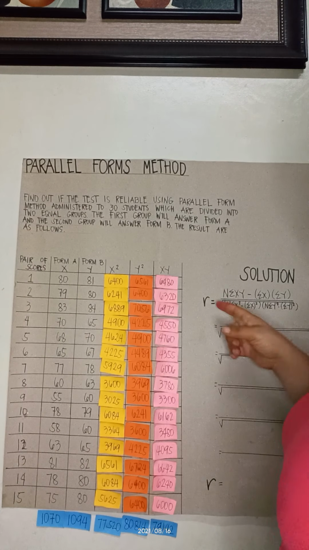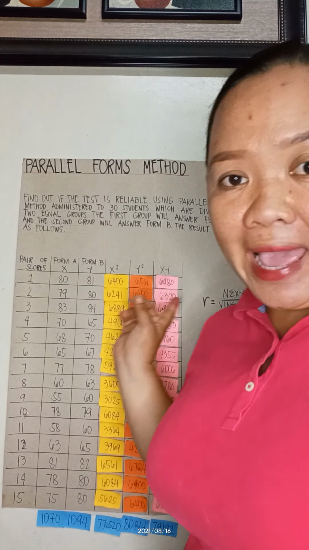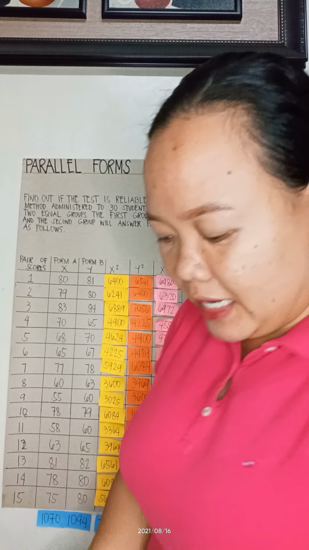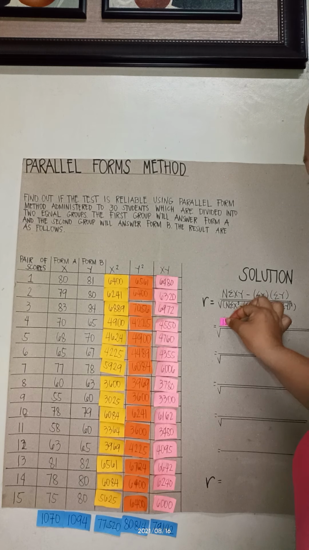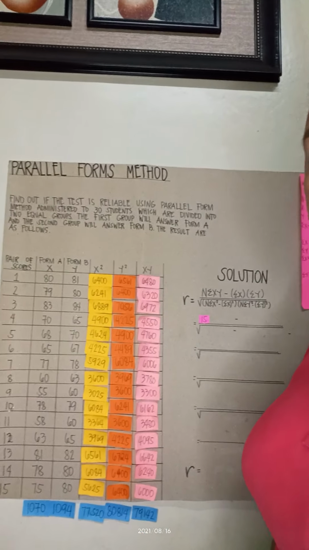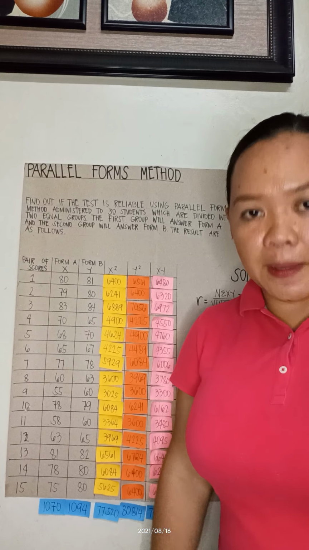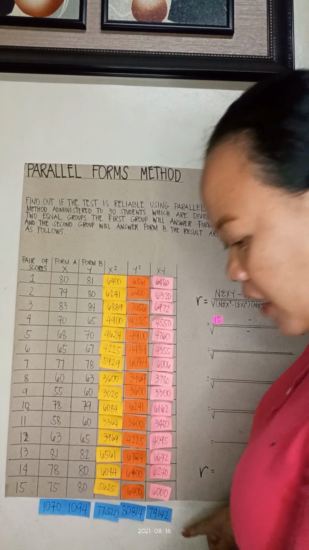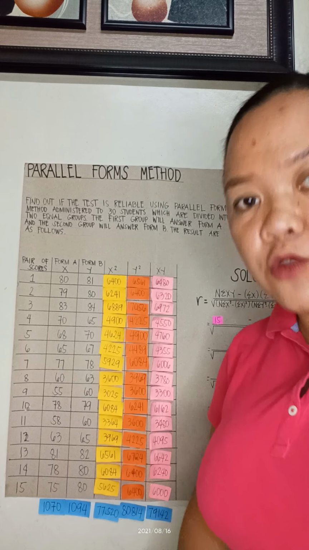First, we will find our n. As I said a while ago, n is the number of pairs of scores, so our n is 15. Let's put 15 here. Next is the summation of x and y, which is the total of x times y, 79,142.